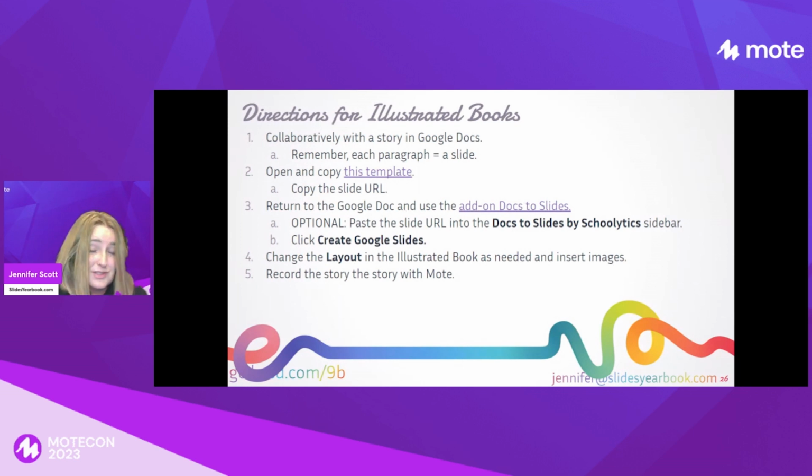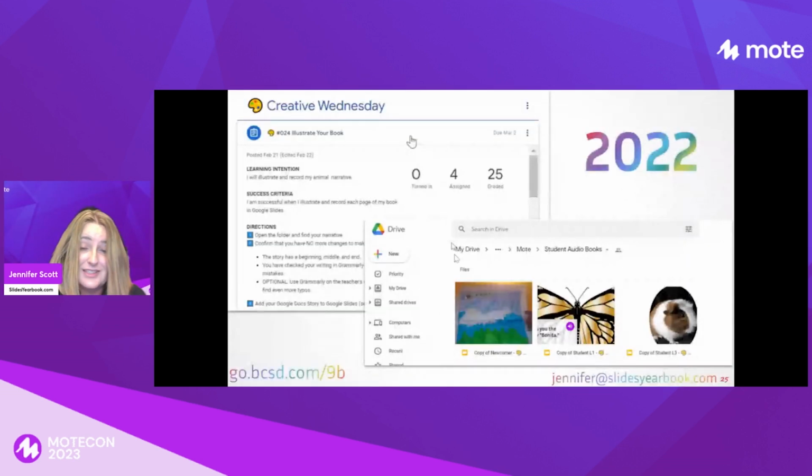My students have used this to create books. This example right here is from a newcomer. This was a level 1. This was a level 3. They wrote an entire story. They edited it. They revised it. They practiced reading it. And then they had to record each slide using Mote.